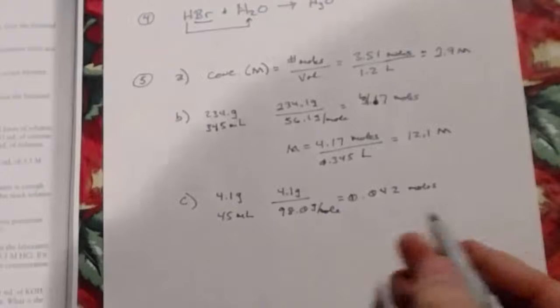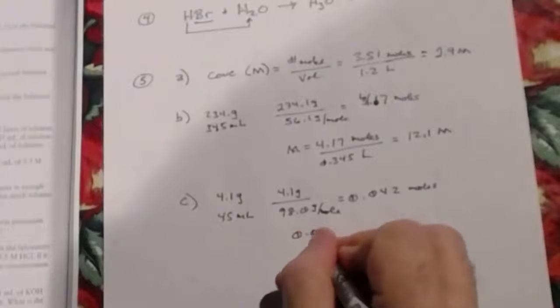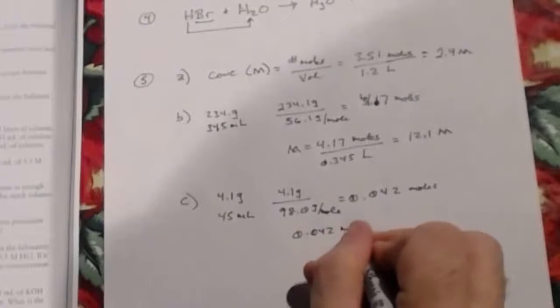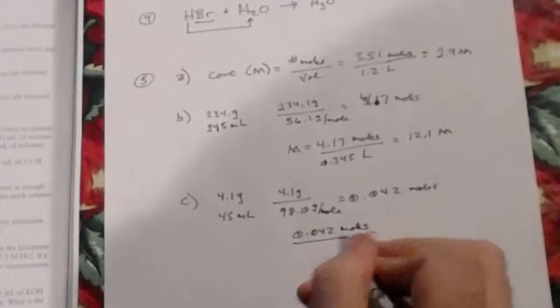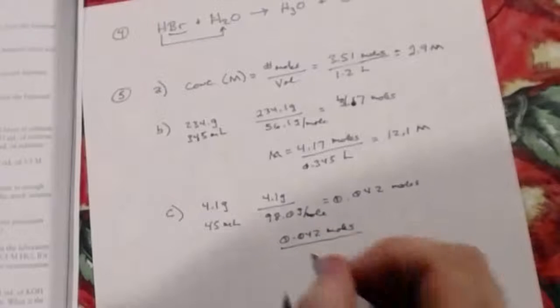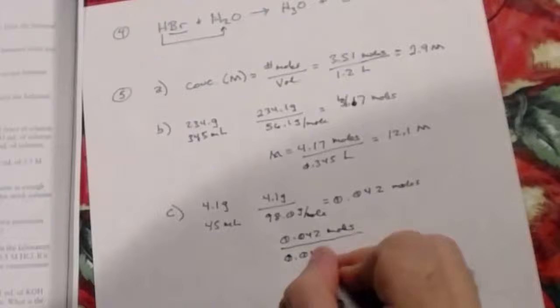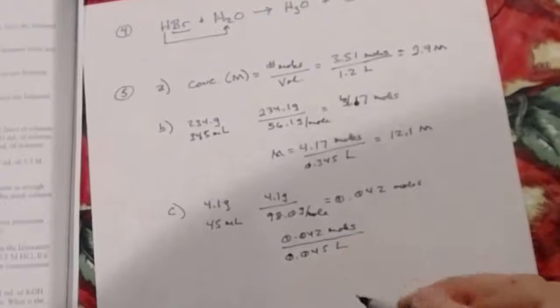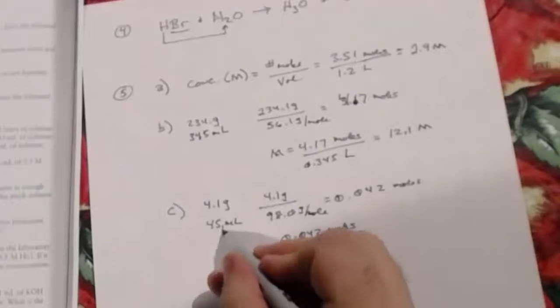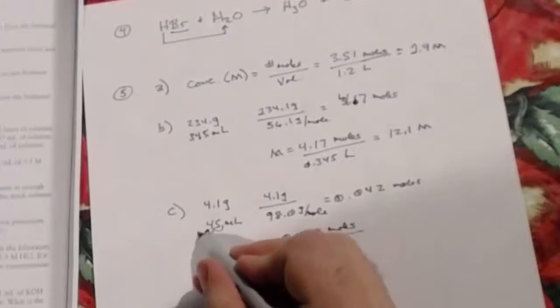Same thing as before. We've got the moles now, 0.042 moles for every 45 milliliters, which is rewritten as 0.045 liters. Take the decimal, move it to the third spot.